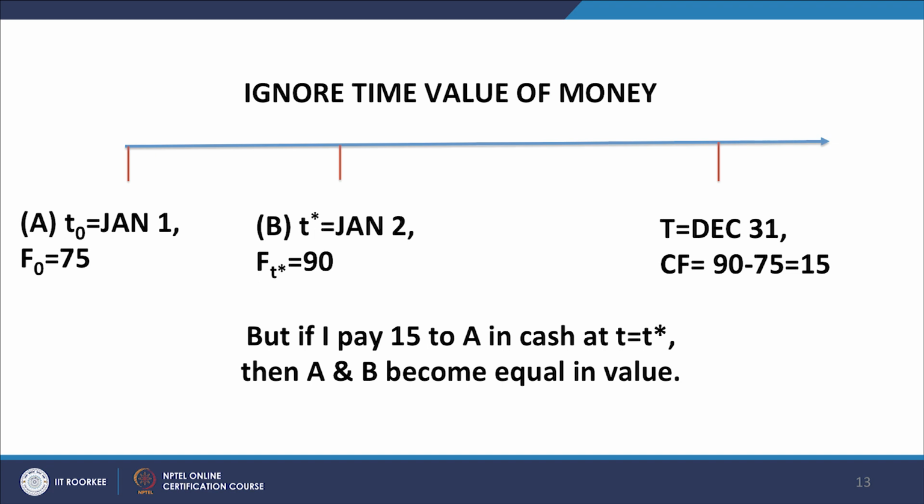The profit that A obtained by his long position in the January 1 contract, 15 rupees, once it is transferred to his account, then this contract becomes equal to the position of a January 2 contract, which is of 90 rupees. In other words, by transferring the change in value between January 1 and January 2 to the margin accounts of the two parties, one party obviously benefits and the counterparty loses.